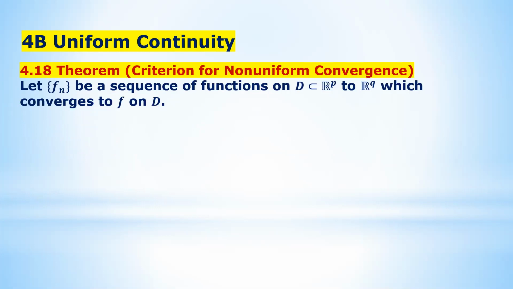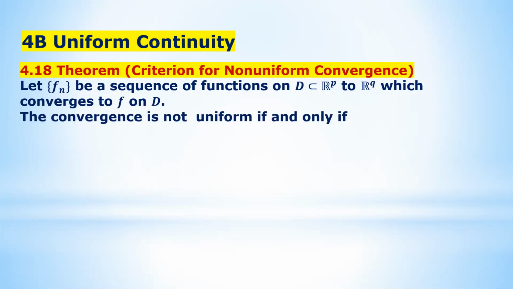So let's say f_n is a sequence of functions which converges to f on D. Then the convergence is not uniform. The sequence may still converge to f, there's no problem, but the convergence is not uniform if and only if you negate the previous definition.